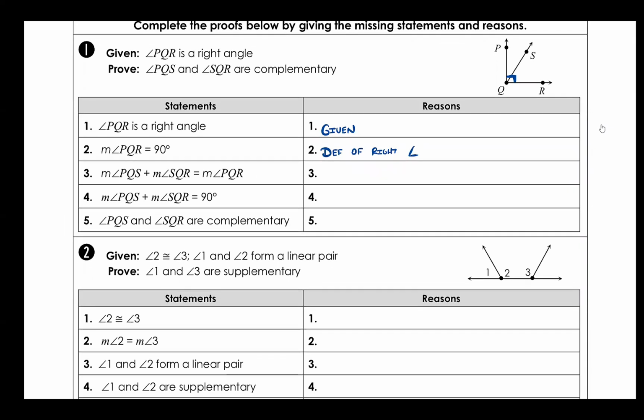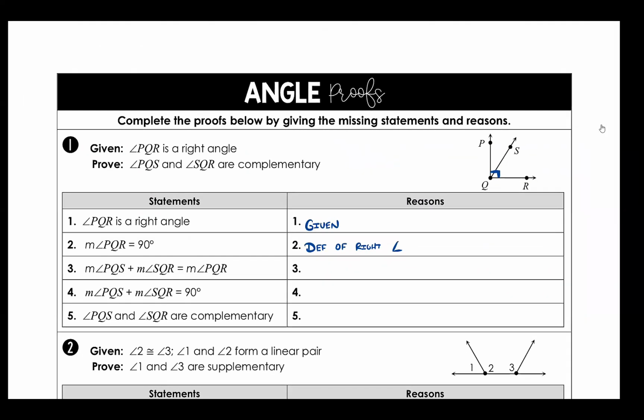Okay, so they went to that. Now they said PQS plus SQR equals PQR. So PQS, start at P, go to Q, go to S. SQR, start at S, go to Q, go to R. Those two equal the larger angle.